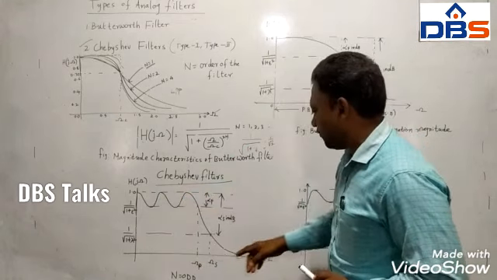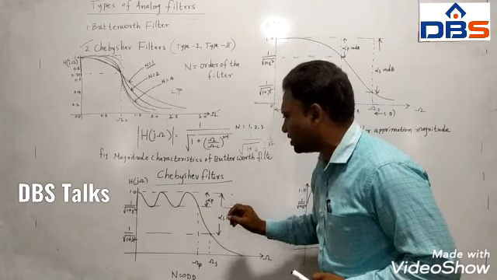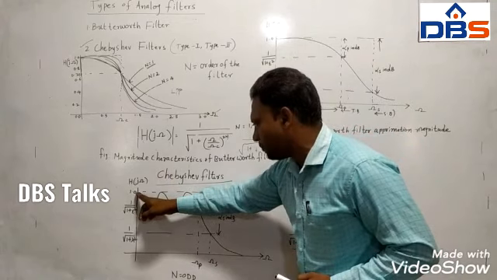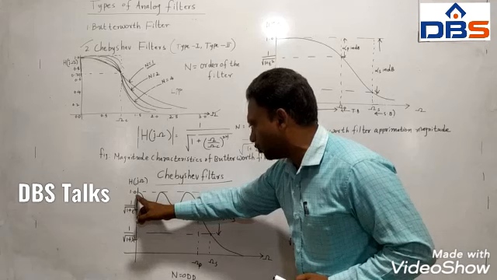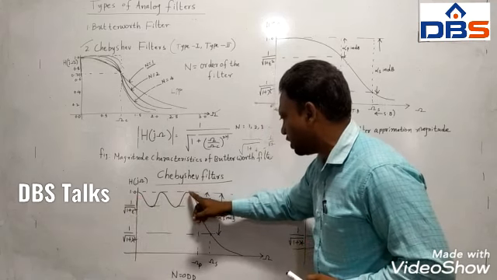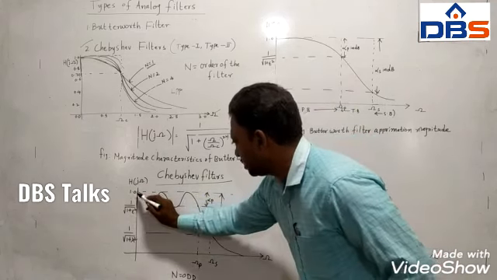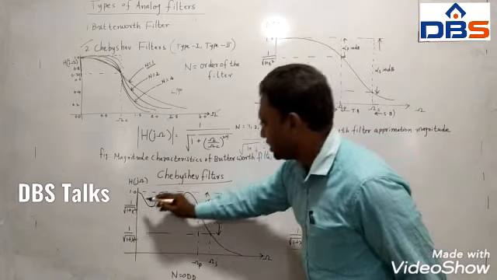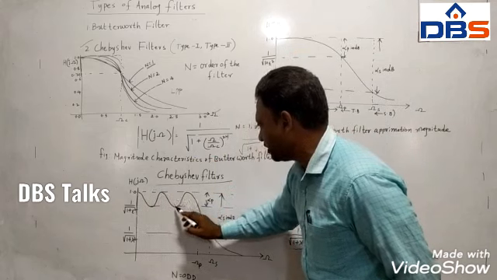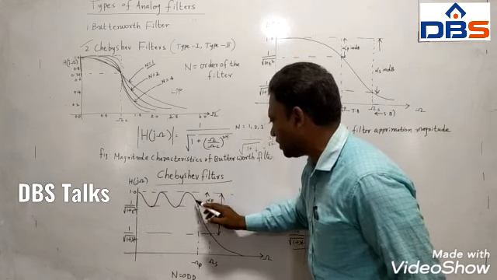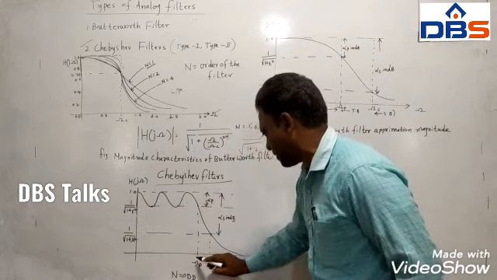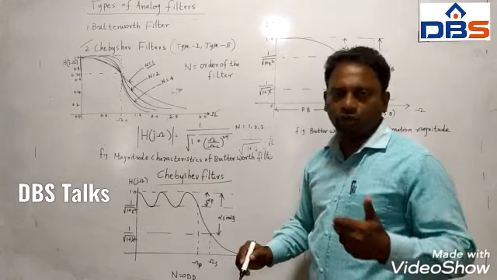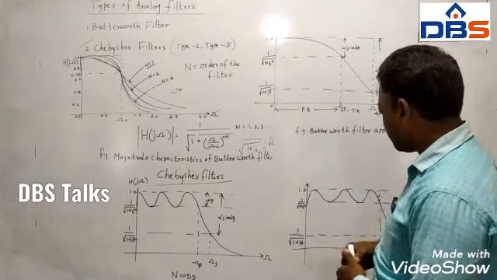But remember that when the order of the filter is odd, the magnitude starts from 1, and it will have some passband ripples. These ripples are not constant; the magnitude response is varying, and it has ripples in this band. Up to this is called the passband, and in the stopband, it is monotonic.